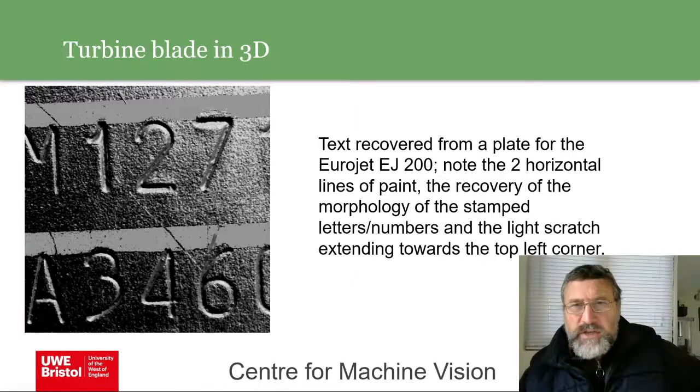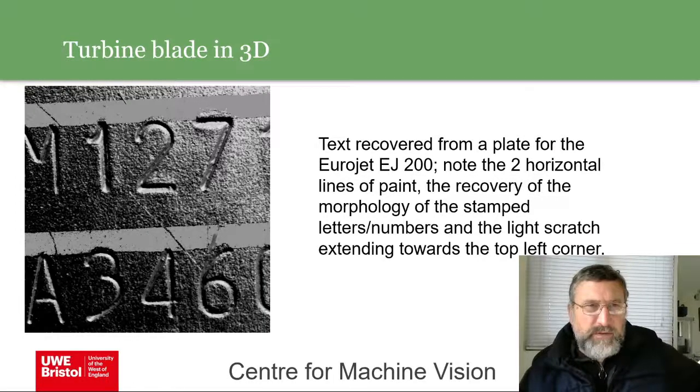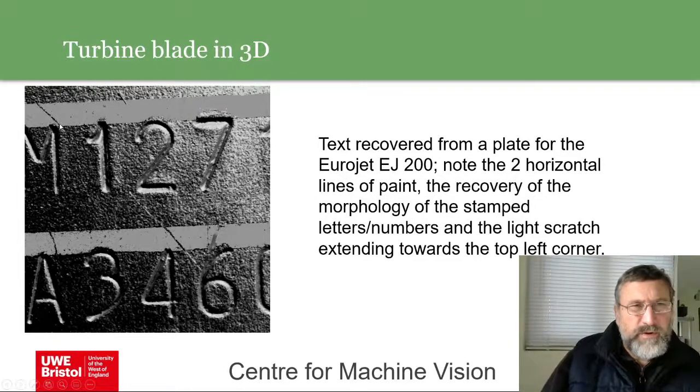So that's my Euro EJ200 engine, and we're getting pretty good high resolution. We're getting this scratch information. So what we can differentiate here between marking and 3D is this is more likely to be just where the paint scratched off, and you can even see the texture of the metal below, just about here.